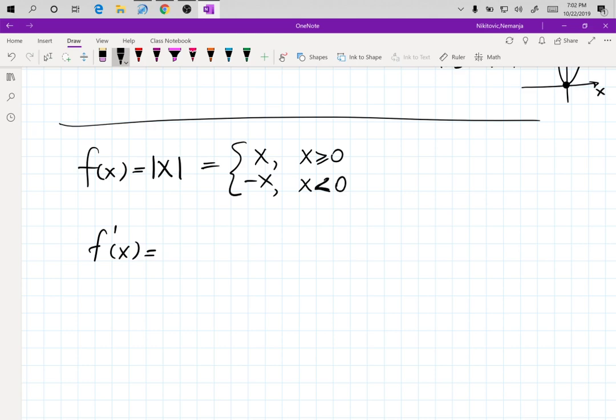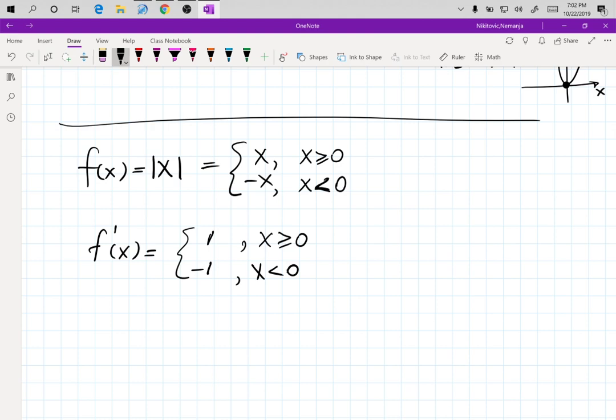Well, if you take a look at this derivative, you see that the derivative of x is 1 for all x's larger than 0, and the derivative of negative x is negative 1 for all x's smaller than 0.